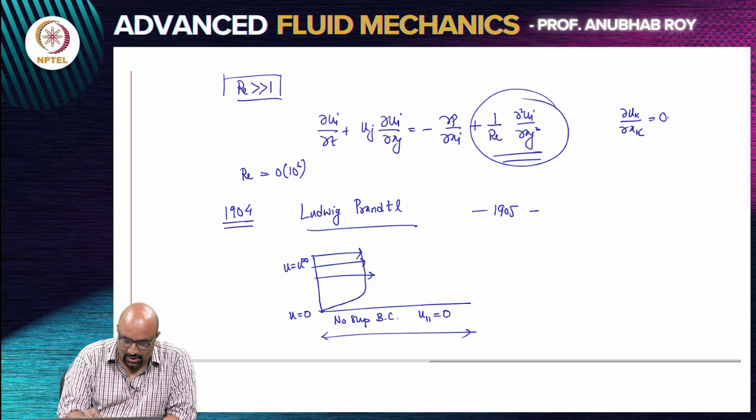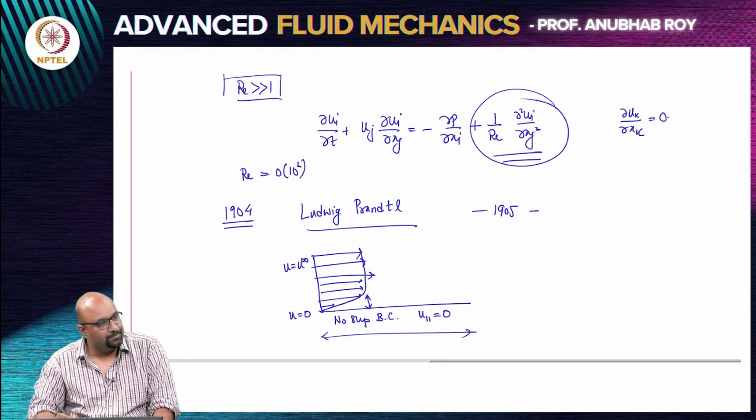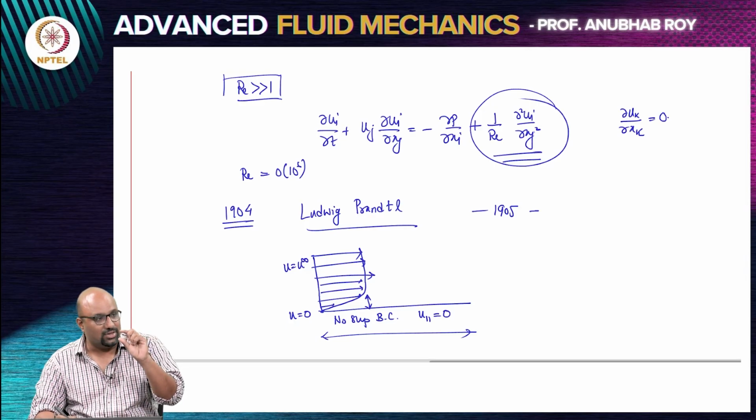So, u should be 0 at the surface because it cannot slide over the surface. Viscous effects are going to act at the surface, but then in a short distance the flow matches whatever is the imposed or external flow.